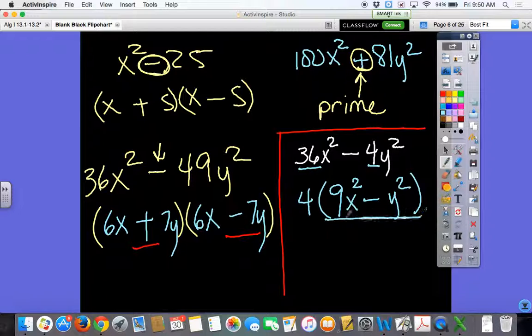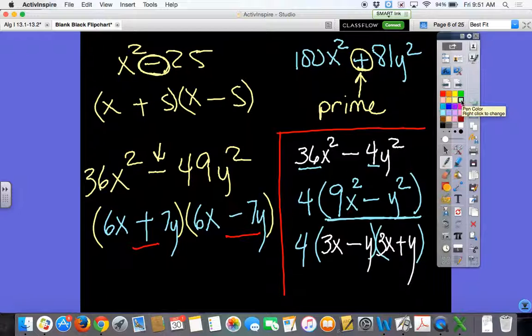Now, what remains actually falls under your difference of two squares rules. So the square root of 9 is 3, and the square root of y squared is y. One of them's minus, one of them's plus. So this is completely factored. I want to make sure that you get the difference. Most of the time you are asked to completely factor something, that means this has to be pulled out.